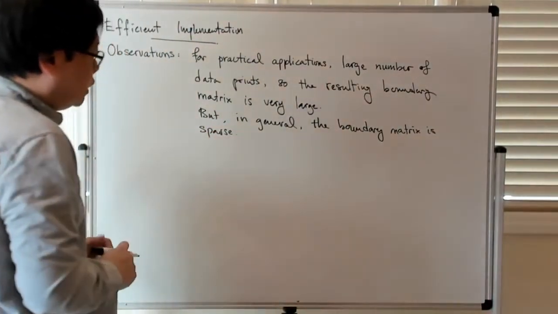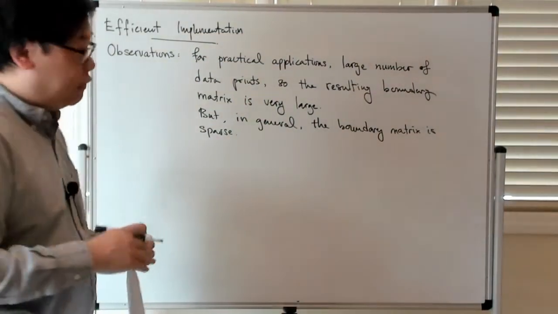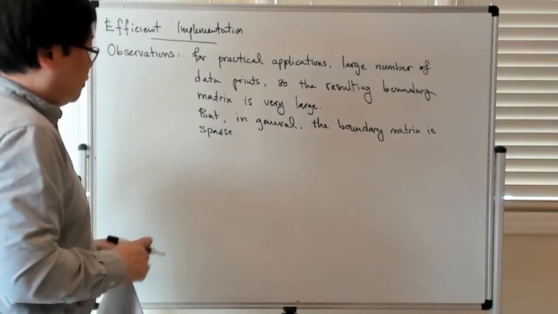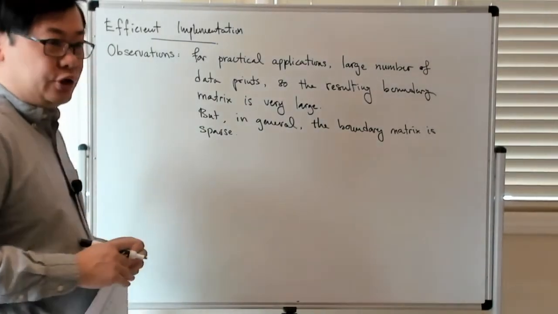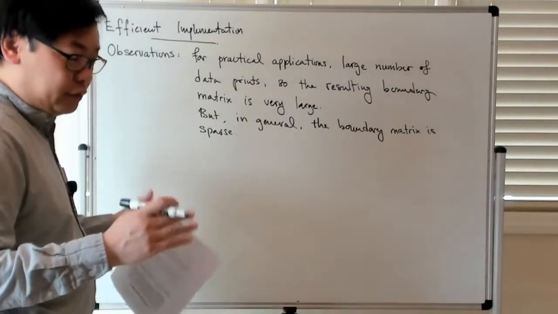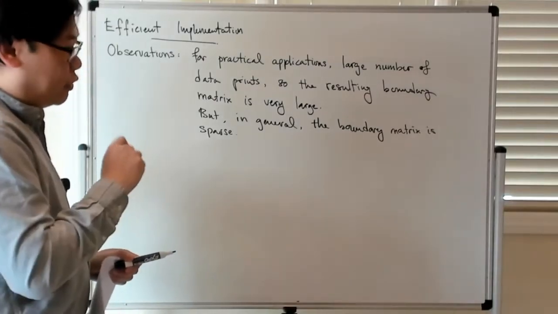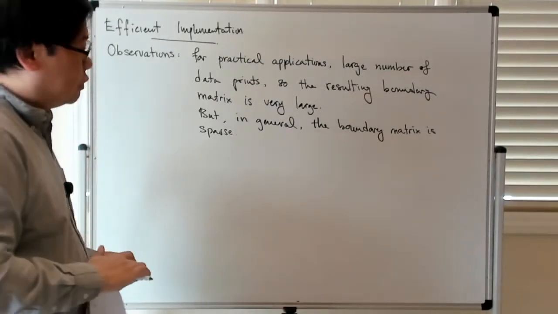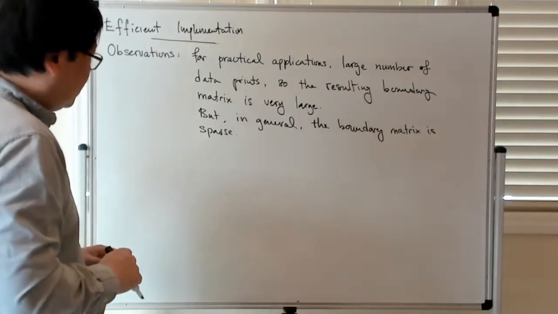And basically what happens is that when you're trying to do any kind of matrix reduction on a matrix which is very sparse, then having a representation as an array where you basically record every single entry in the matrix is extremely inefficient.